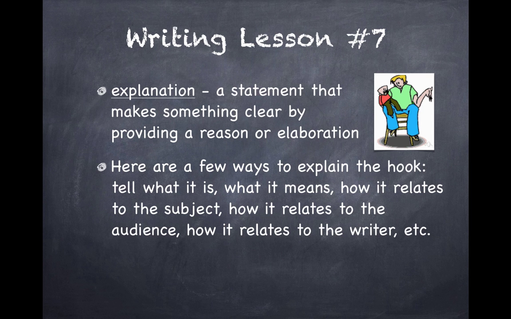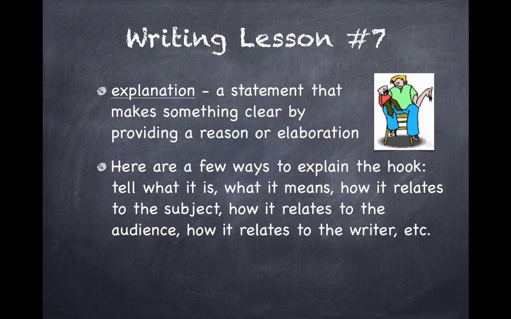I think the thing with an explanation is you just need to think there's not one way to do it. It's different because everyone's hooks are usually different, and so you just have to look at it as a situation by situation process. And then also, just try not to say something really basic.